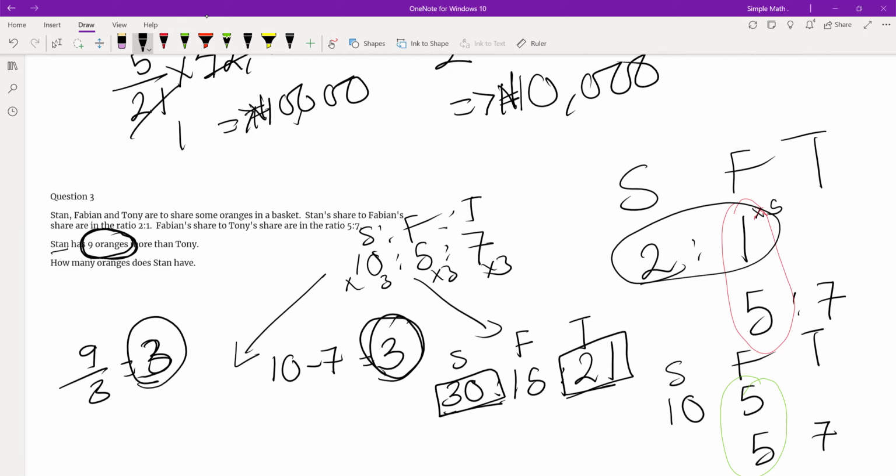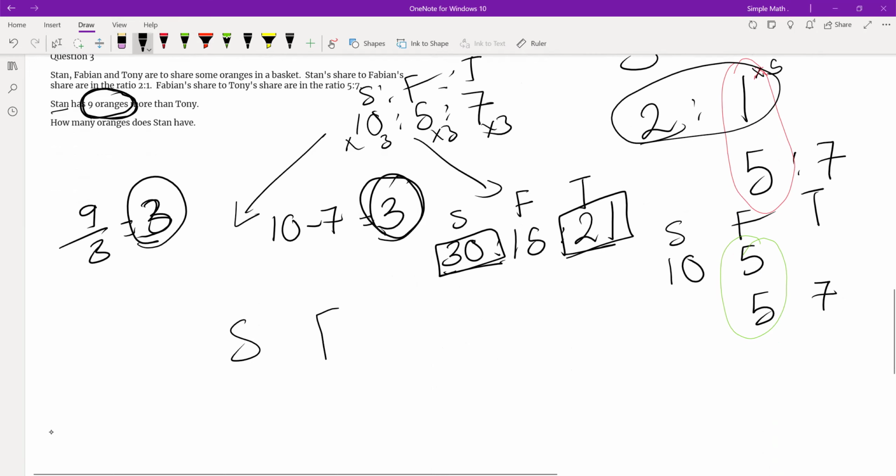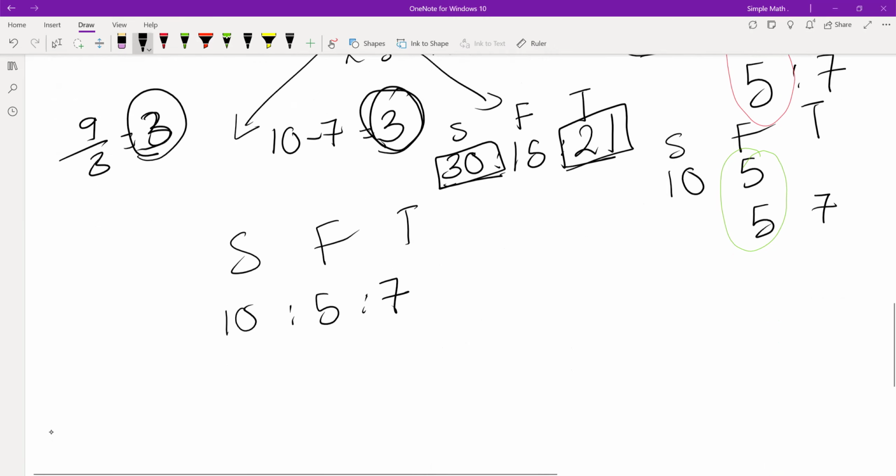Or you could do it the more theory way, where you say, all right, we have SFT 10 ratio 5 ratio 7. The difference between Stan's and Tony's oranges, the actual oranges, is 9. So this is the actual amount.